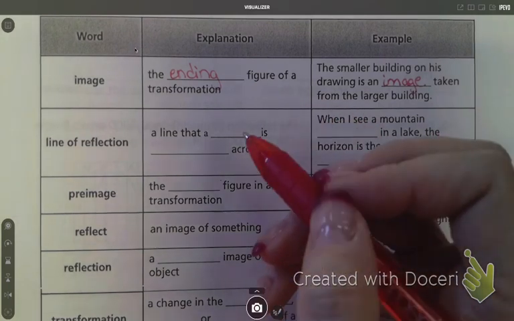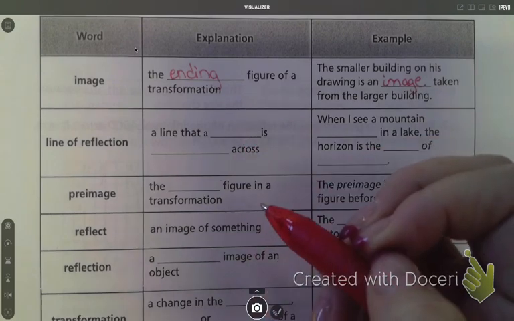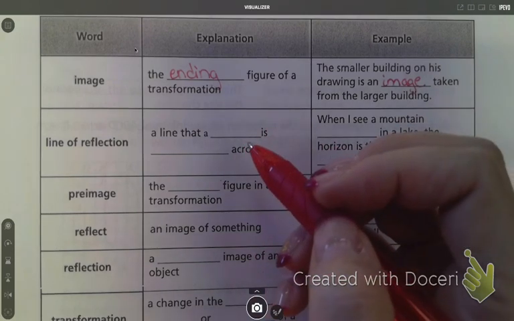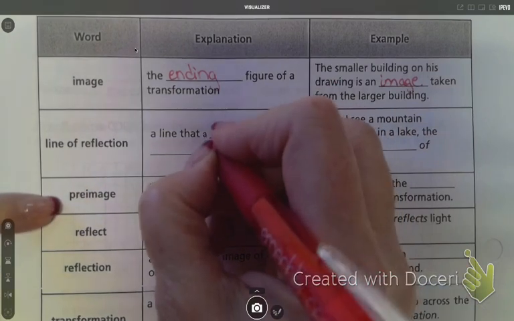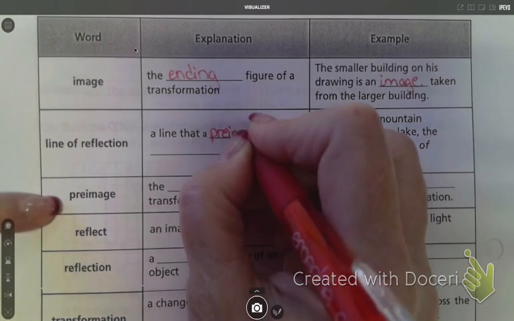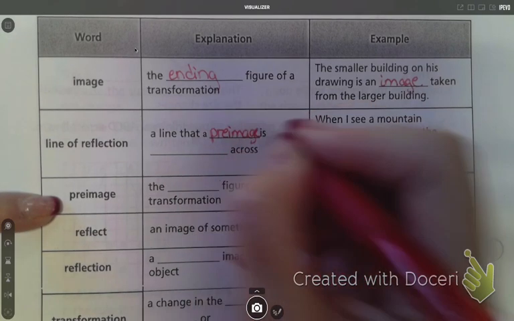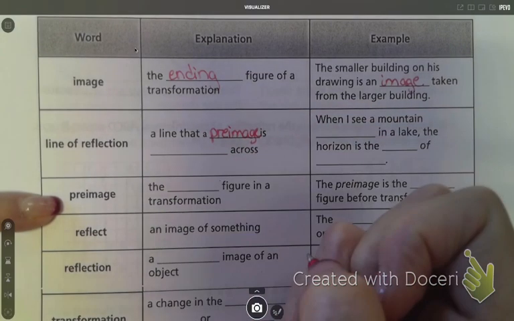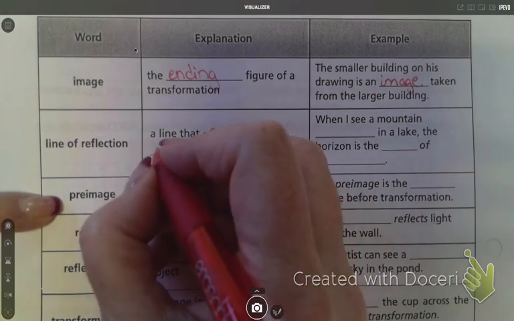Well, you can't say image, right? So what is it called before it starts? Pre-image. Is blanked across. Reflected.